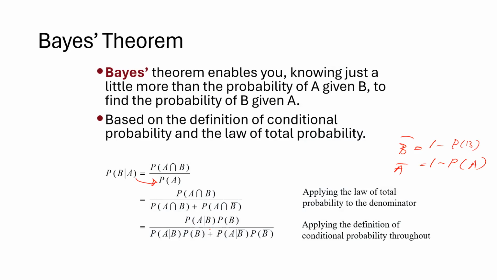finally applying the definition of conditional probability throughout for these three terms, that is PA given B multiplied by PB plus PB given A bar multiplied by PB bar. This is how I can explain Bayes' theorem.